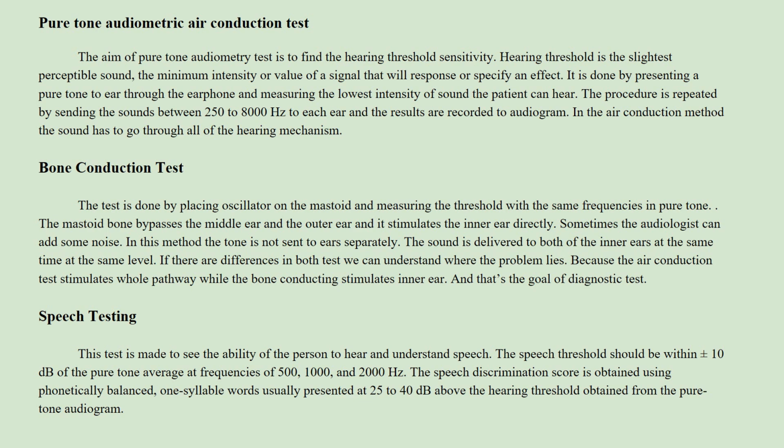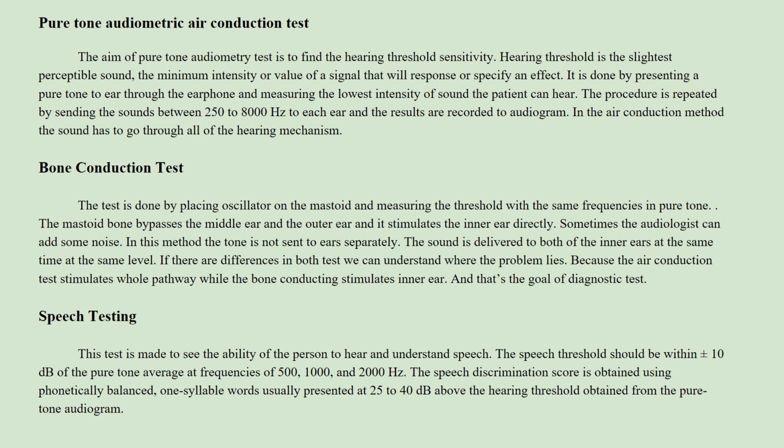This test is made to see the ability of a person to hear and understand speech. The speech threshold should be within plus or minus 10 decibels of the pure tone average at frequencies of 500, 1000 and 2000 Hz. The speech discrimination score is obtained using phonetically balanced one-syllable words, usually presented at 25 to 40 decibels above the hearing threshold obtained from the pure tone audiogram.